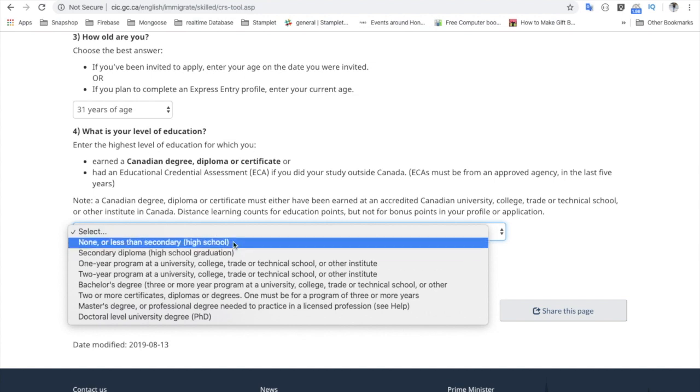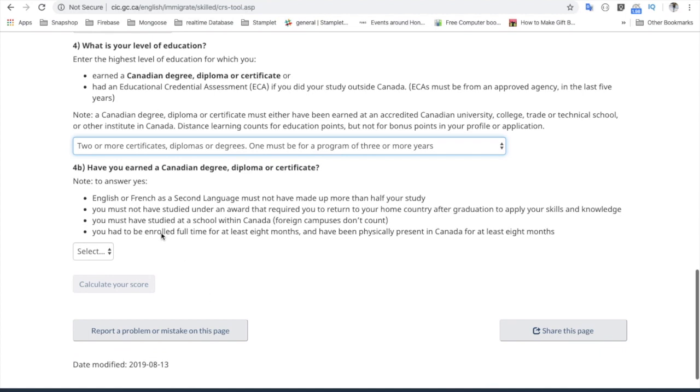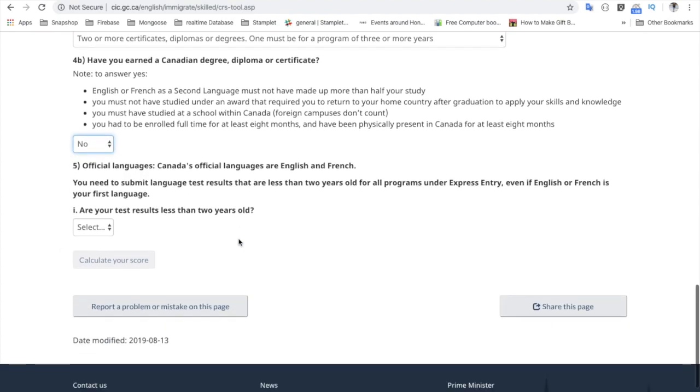So I have to select the equivalency here, which usually ECA actually gives. In my case, it was 2 or more certificates, diplomas or degrees. So I select this here. Then, have you earned a Canadian degree, diploma or certificate? You actually get more points for that. So I'll select no here.